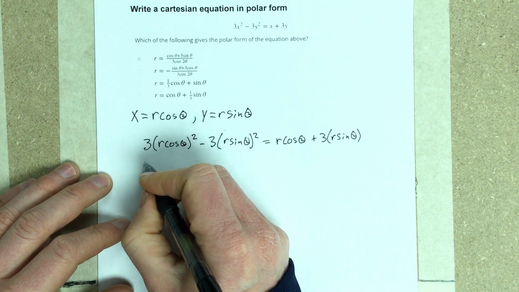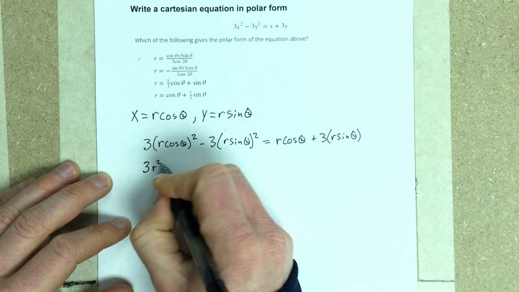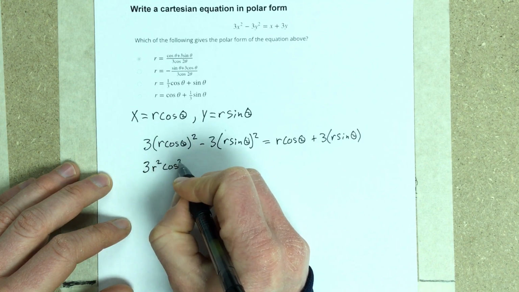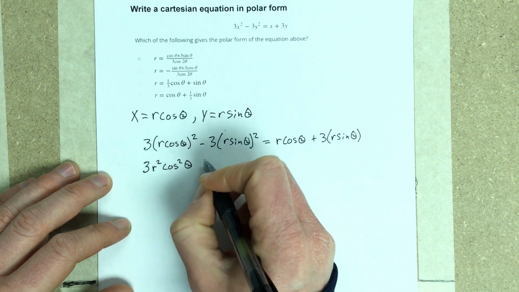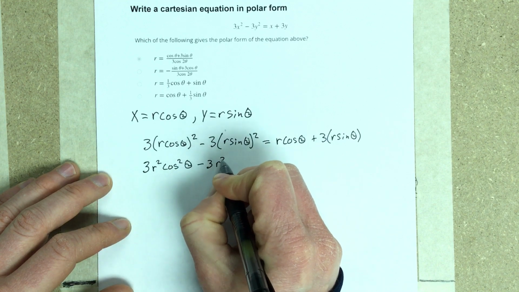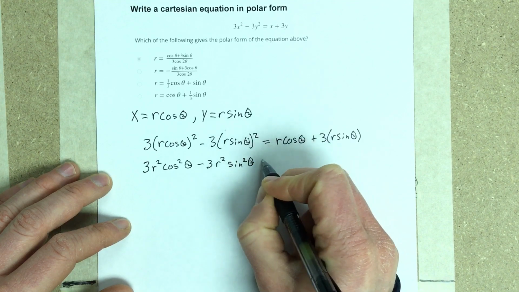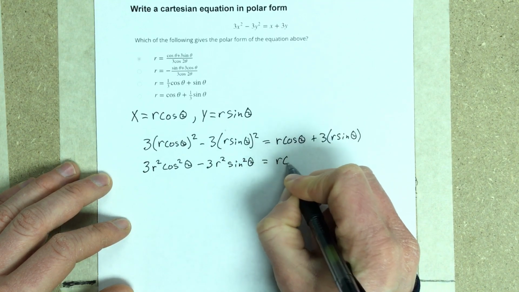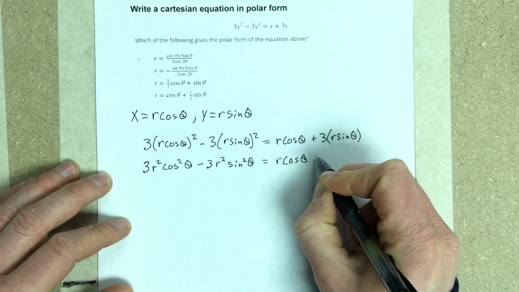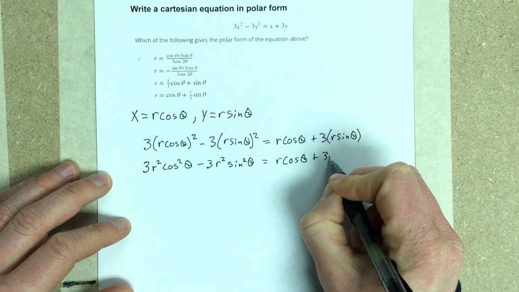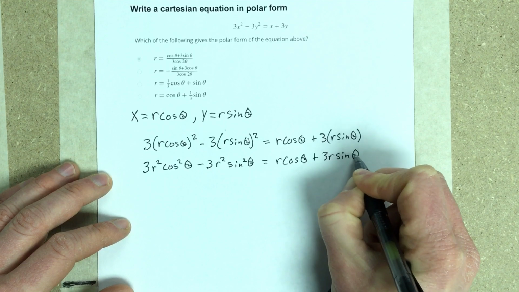So we end up with 3r squared cosine squared theta minus 3r squared sine squared theta equals r cosine theta plus 3r sine theta.